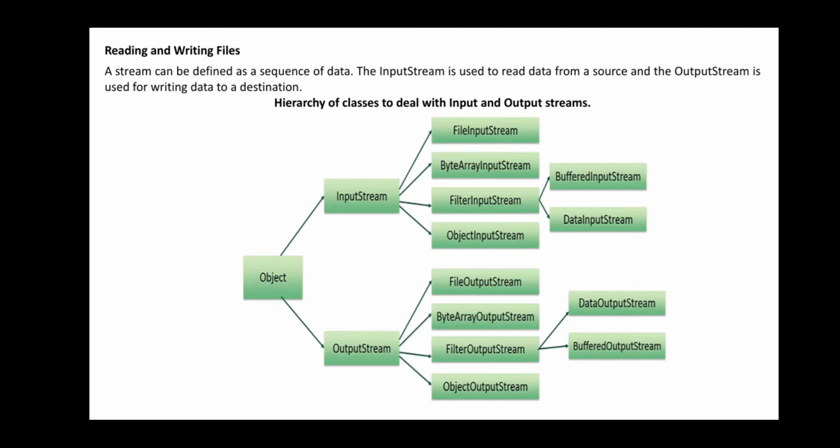Input stream is a main class which accesses the subclasses in different ways: to read only a file, only a byte array, only the filtered value, or only the object information. Like that, we use all these different types of input streams to display the information from the file, from the byte array, from the filtered output. These are the different classes defined for input streams as well as output streams.